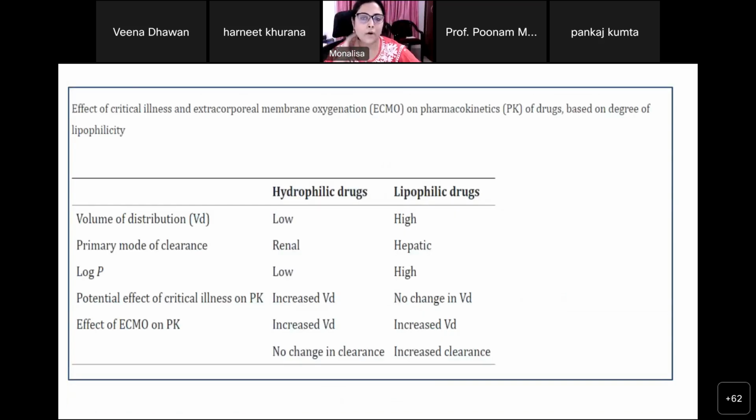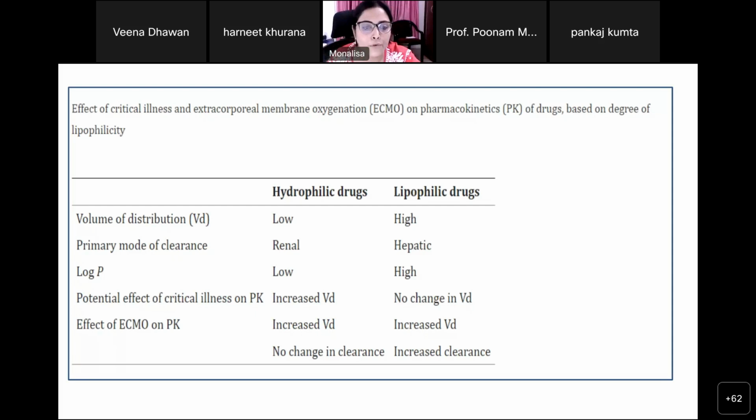So now if you come to the drugs, we spoke about two types of drugs, the hydrophilic drugs and the lipophilic drugs. In the case of hydrophilic drugs, the volume of distribution is low. So when ECMO starts and there is priming and an increase in volume of distribution, the concentration of the hydrophilic drugs decreases, as a result of which there can be therapeutic failure, which we need to keep in mind.